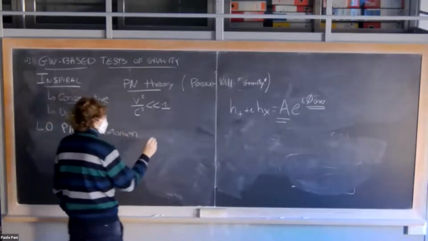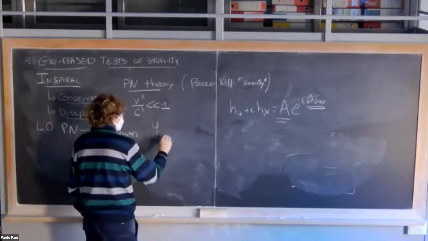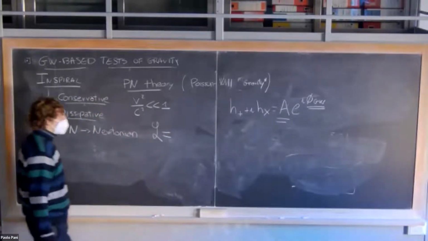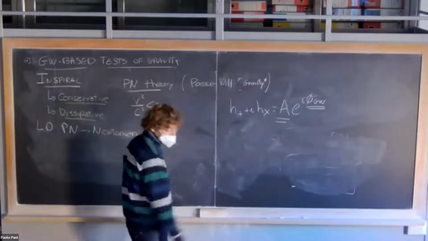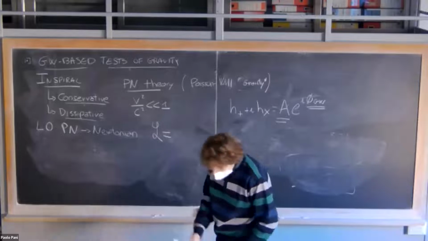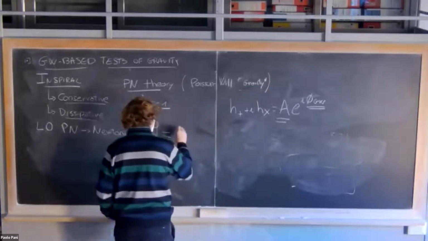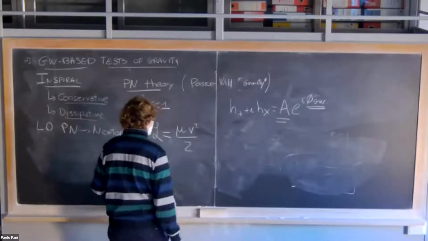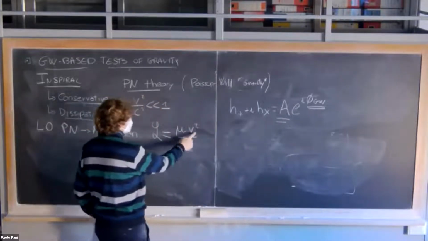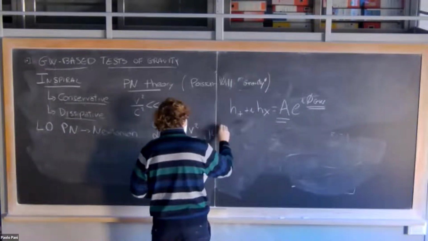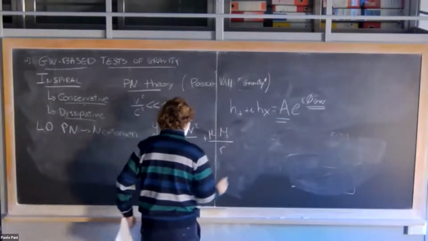And the idea is that one can start with a Lagrangian for the two-body system. Let me write this Lagrangian in terms of the reduced mass mu. V is the orbital velocity, and this is mu M over r.